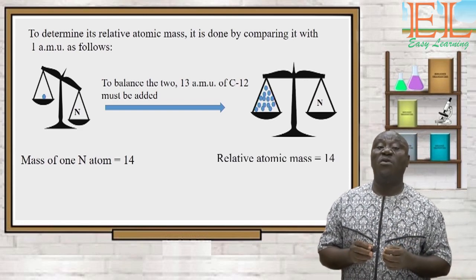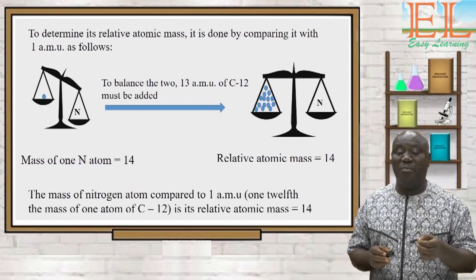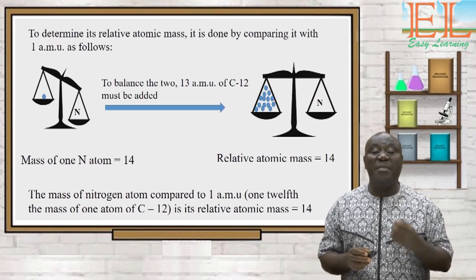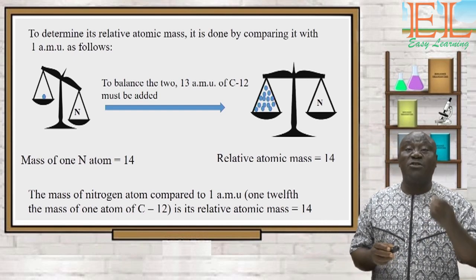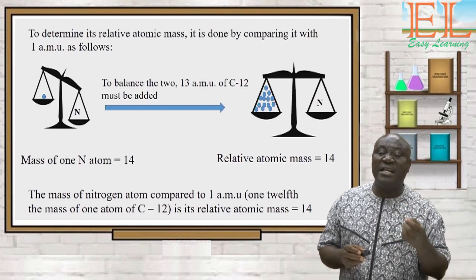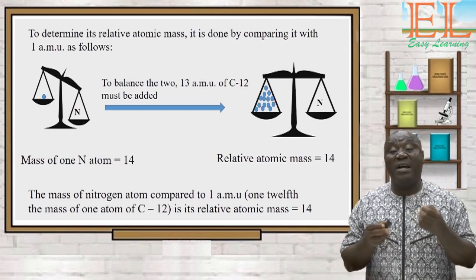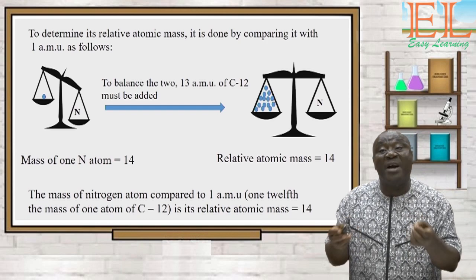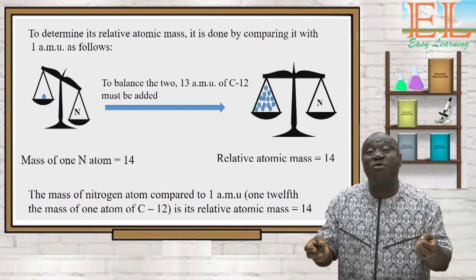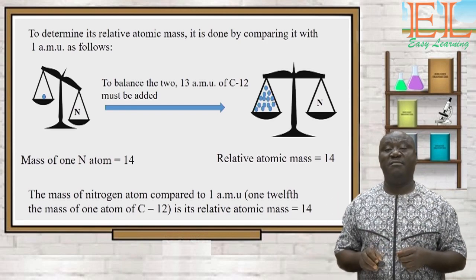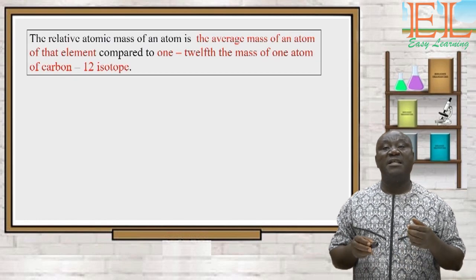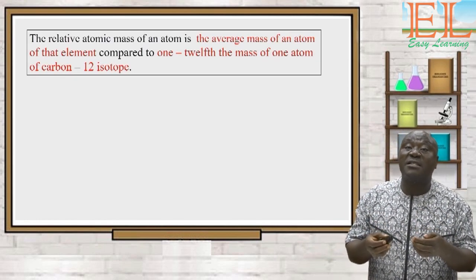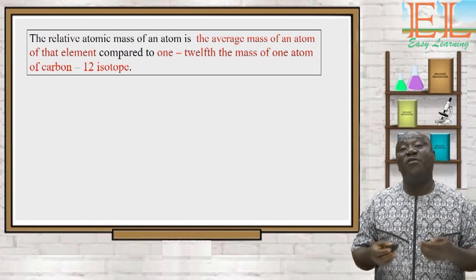So therefore, the mass of nitrogen atom compared to 1/12 the mass of 1 atom of carbon-12 isotope is its relative atomic mass, and this is simply equal to what? 14. Let us see how we define relative atomic mass of an atom of an element.